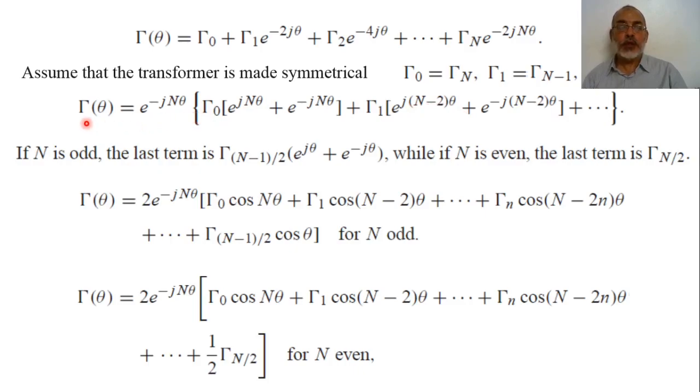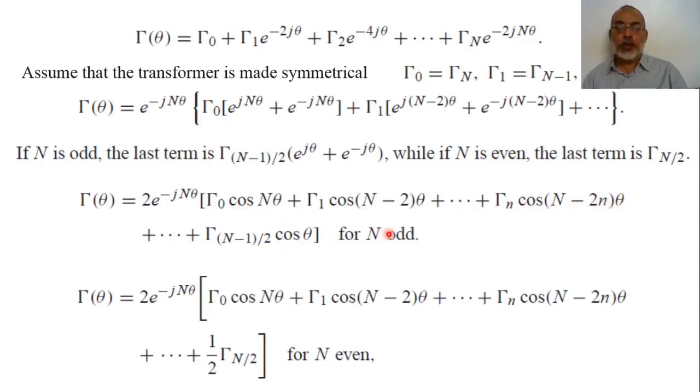So the reflection coefficient in this case can be represented as 2 multiplied by e to the power minus jn theta multiplied by gamma naught cosine n theta plus gamma 1 cosine (n minus 2) theta plus so on, so on, so on, gamma n cosine (n minus 2n) theta.